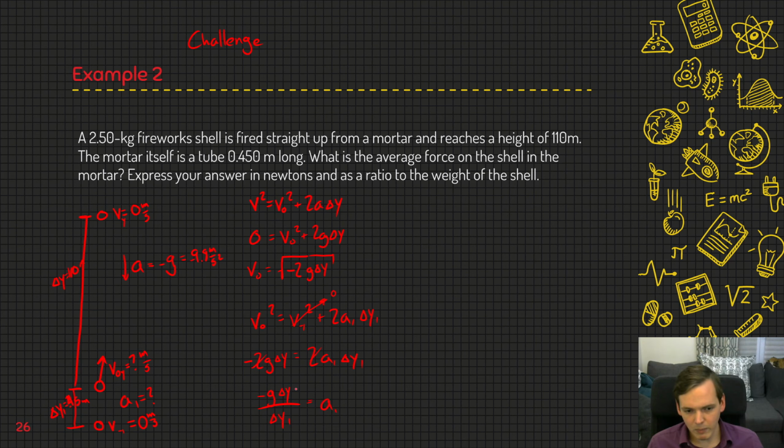Delta y, remember, is 110. So we're going to get 9.8 meters per second squared times 110 meters divided by 0.45 meters. And that will give us a1.